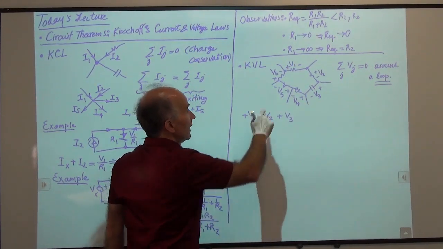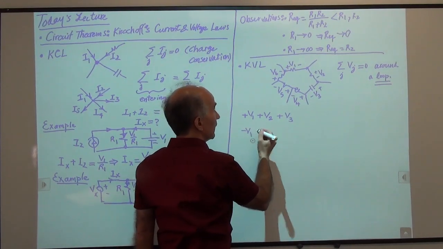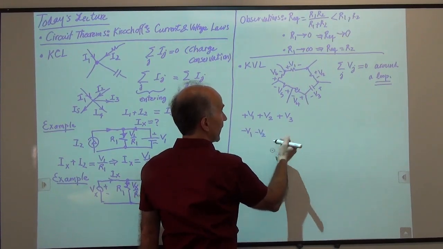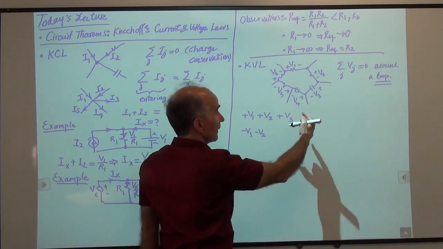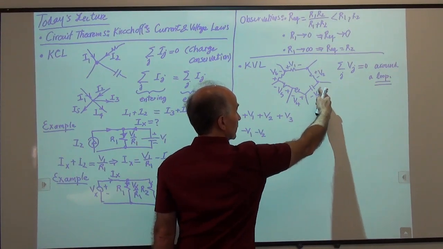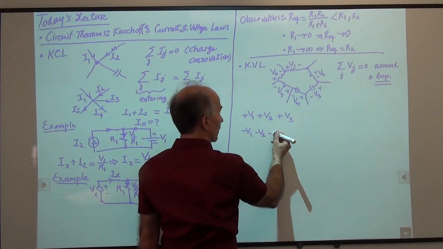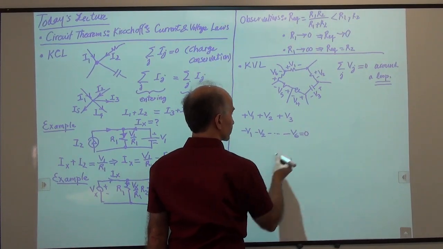Then I would say I am going down to potential minus V1. I'm going down to potential minus V2. And in fact, the way I have marked these pluses and minuses, you can see that they will all be negative, right? Going down, going down, going down, going down. So this will be all the way to minus V6 equals 0.